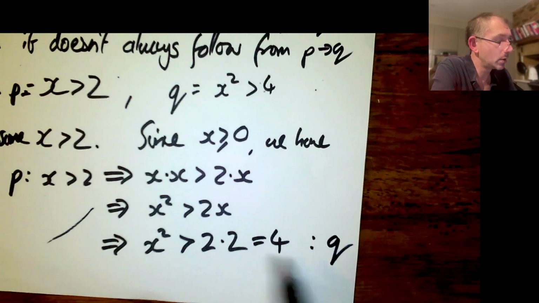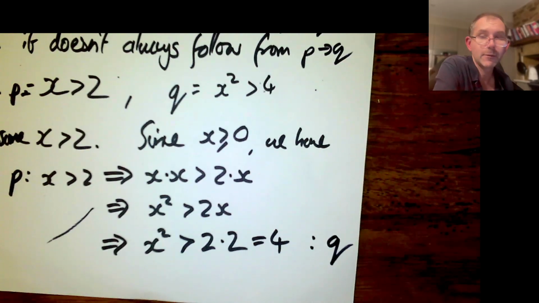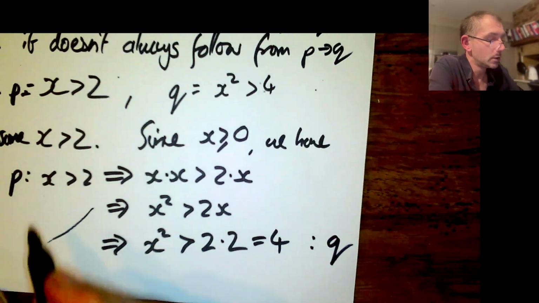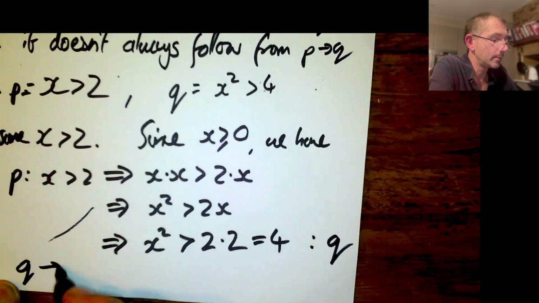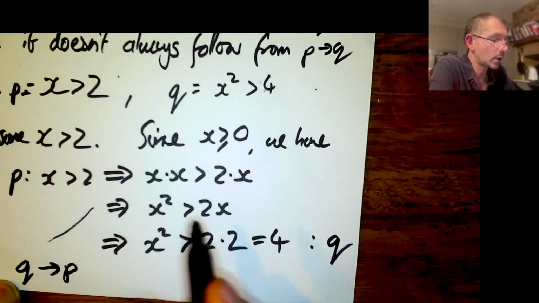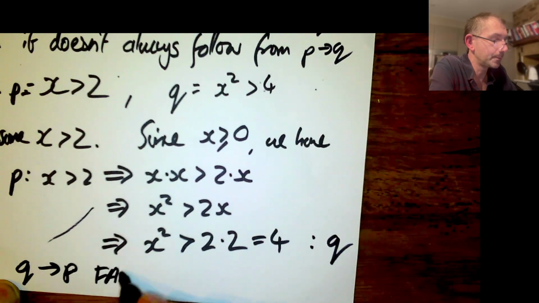What about the other way around? Let's assume Q is true. x squared is bigger than 4. Must it be the case that x is bigger than 2? The answer is no. Because negative numbers, if you multiply them together, become positive. So Q implies P is false.